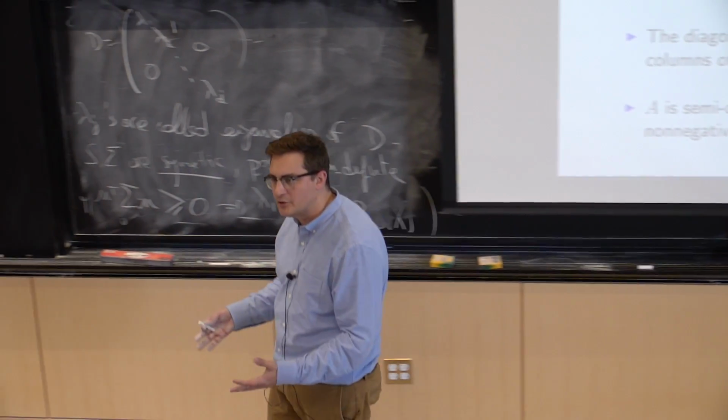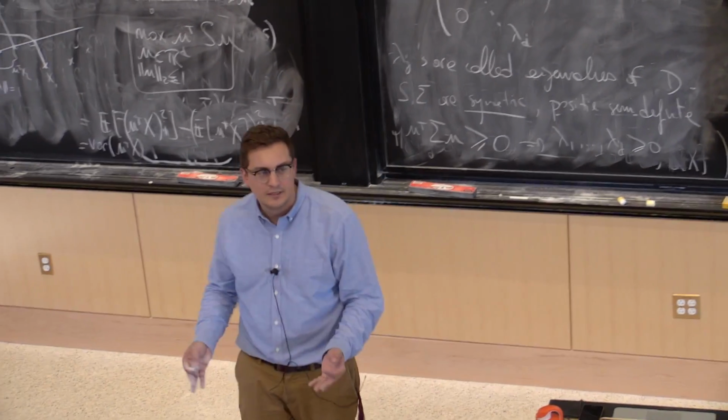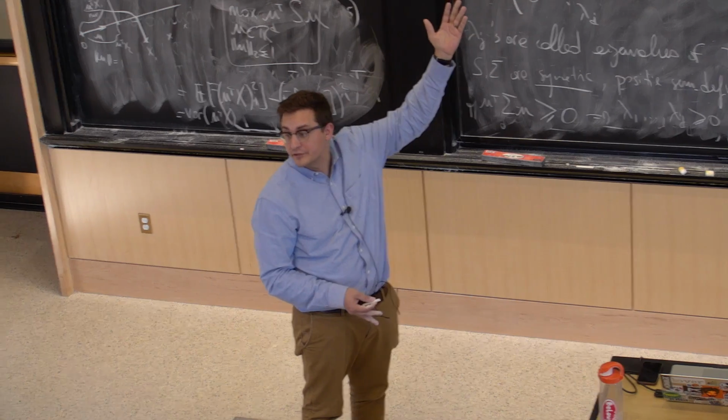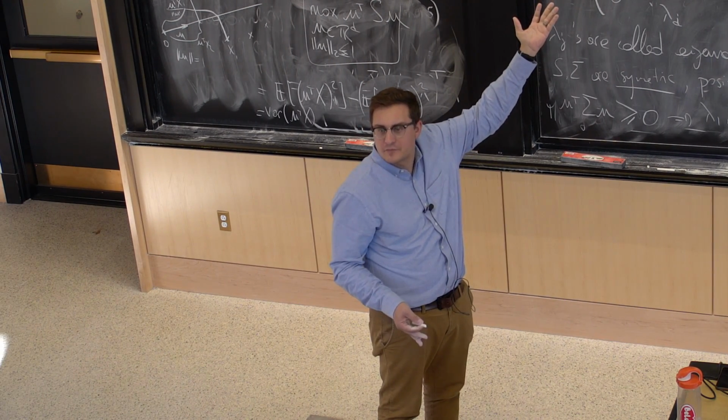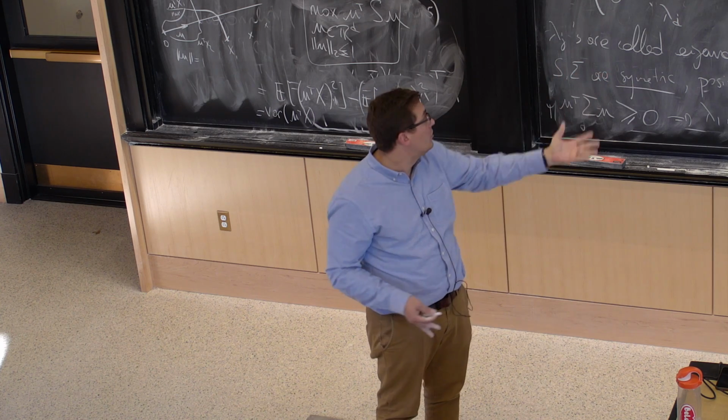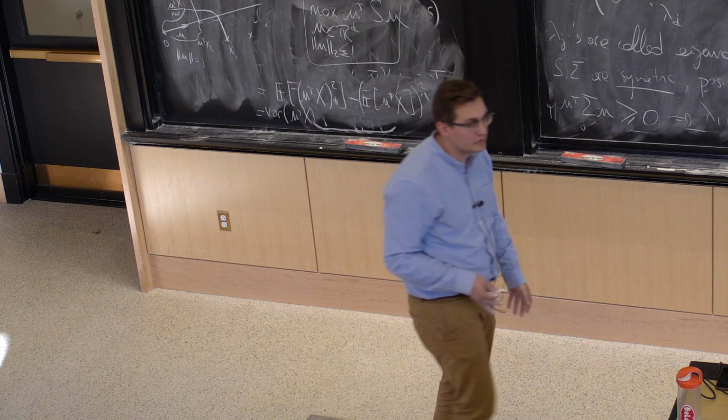So when it's symmetric, you have the eigenvalues, and they can be any number. And when it's positive semi-definite, in particular, that's the case of the covariance matrix and the empirical covariance matrix, because the empirical covariance matrix is an empirical variance, which itself is non-negative. And so I get that the eigenvalues are non-negative.